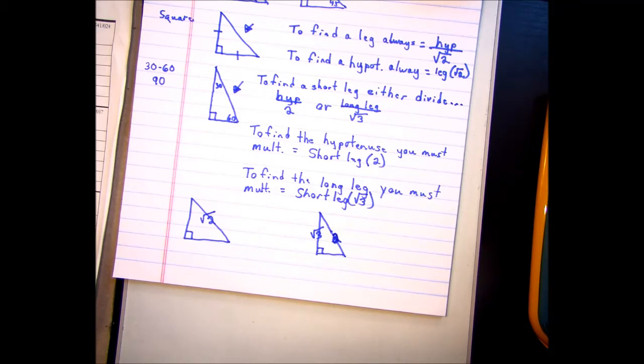Now let's look at the picture. We know the hypotenuse is always the smallest. Not. What is the hypotenuse? It's always the biggest, which means everything else must be smaller. So that means if I'm given the hypotenuse, to find any of the other sides, I've got to divide.